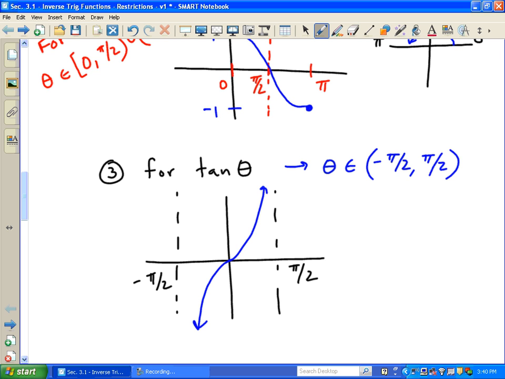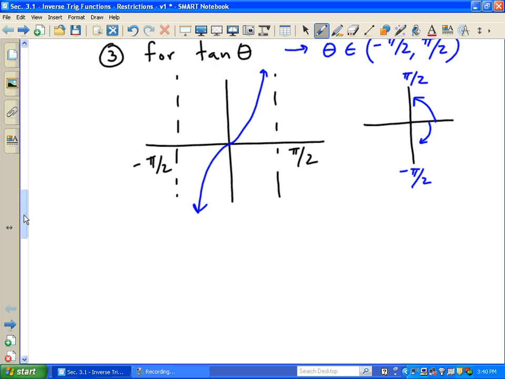I just can't include either negative pi over 2 or pi over 2 because there's asymptotes there. If we think about it as far as angles are concerned, that means that when we apply an inverse to tangent, we need to either look at a positive angle in the first quadrant, or we need to look at a negative angle in the fourth quadrant.